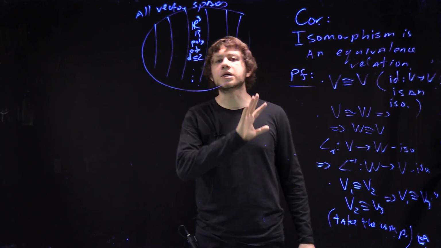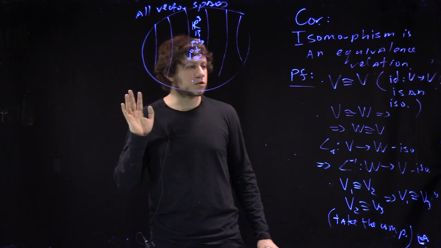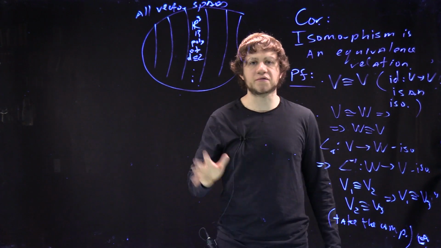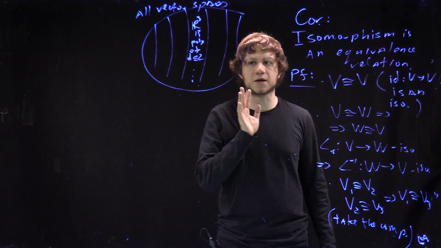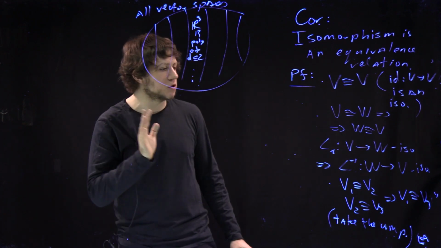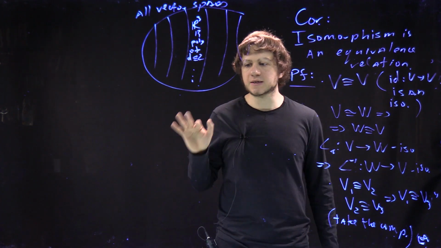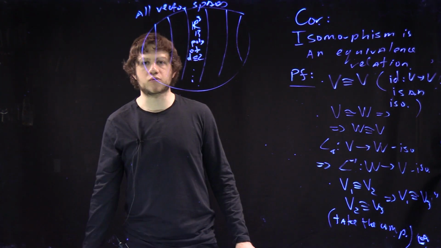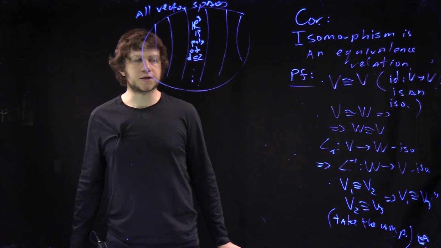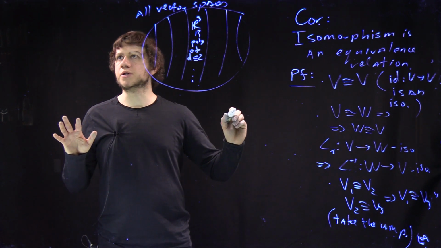Miraculously, a stronger statement holds. Spaces are isomorphic if and only if their dimensions are the same. So just knowing the dimension is the same as knowing the class of a vector space up to isomorphism. This is the main idea, and this is why dimension is so important. So let me formulate this very important theorem.